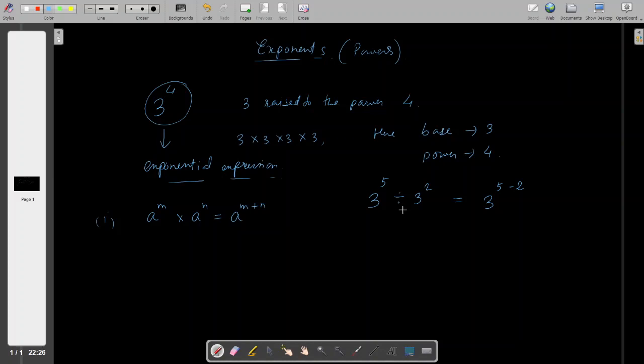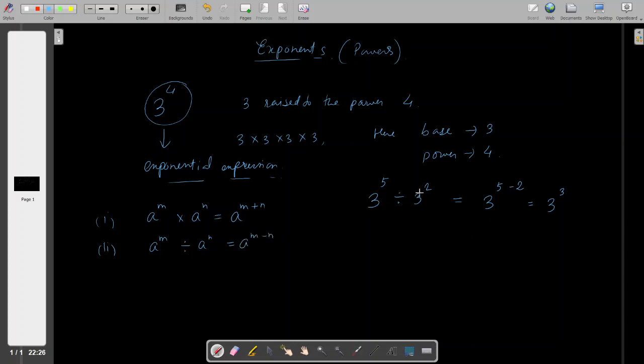After the divide sign, the power is 2, so 5 minus 2, which gives 3 to the power 3. So you get one more formula: a to the power m divided by a to the power n gives a to the power m minus n.